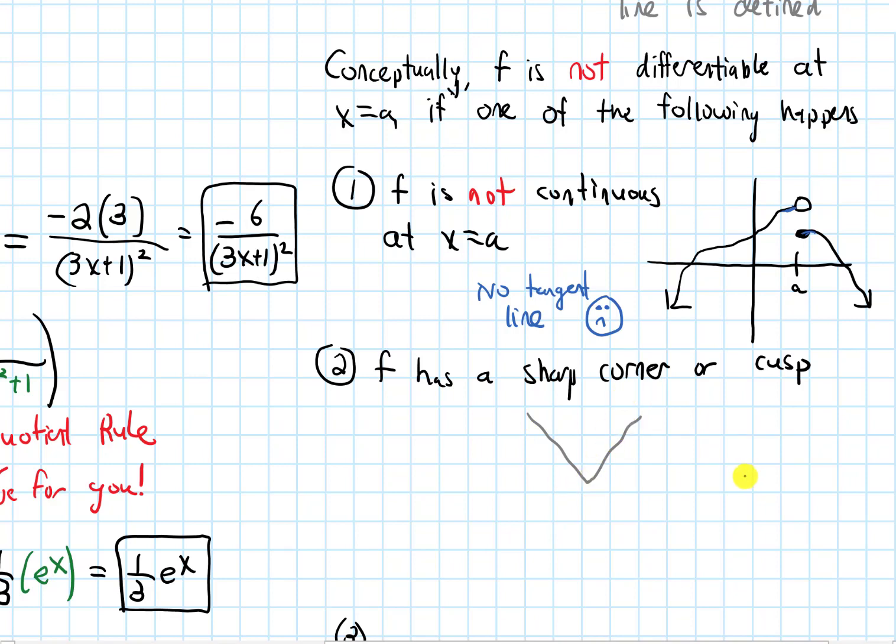A cusp is if it's more like curving up to a tip point and then curving away like that. But they're very similar. If you were to use these terms interchangeably, I wouldn't mind. So if f has a sharp corner or cusp at x equals a, in both of these scenarios I can't draw a tangent line either. There is no tangent line. And I'll put another sad face.